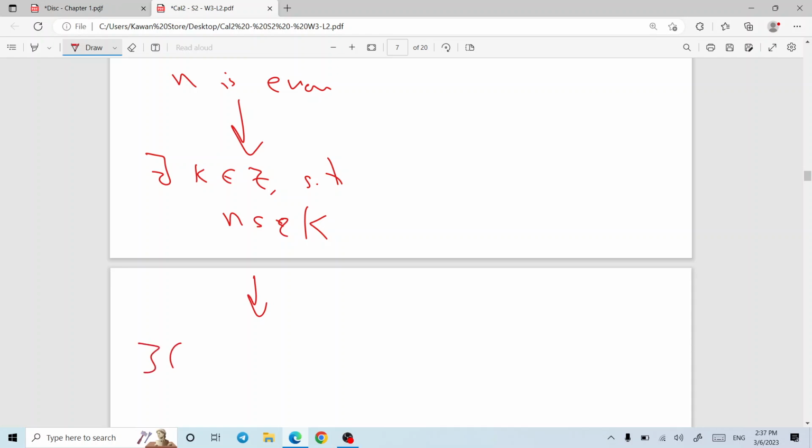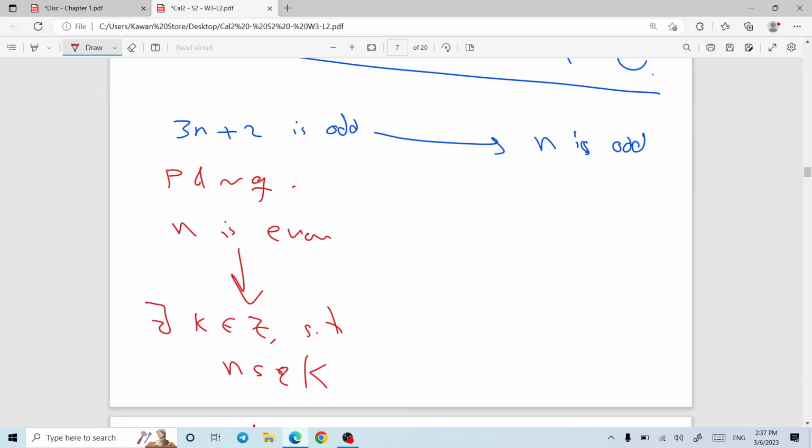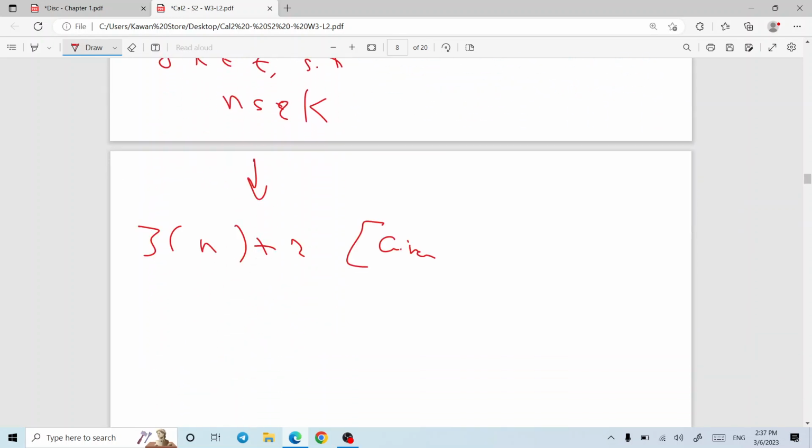How about after that one? We have 3n plus 2. And he told us what? The given says what? By given, odd or even? He said it is odd, am I right? Now I'm going to use negation Q to get a contradiction of the P. How? I say 3 times 2k plus 2.